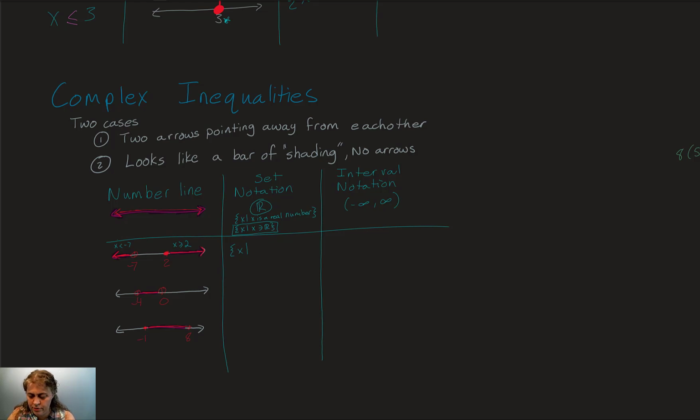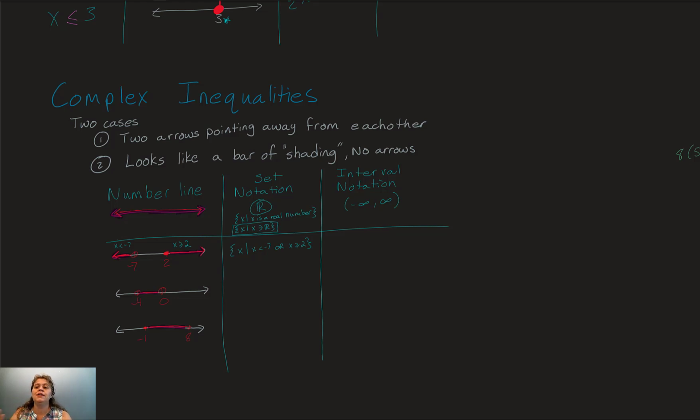So then I'm going to put x is less than negative 7, or x is greater than or equal to 2. That's how we would write the set notation. We would say or. We don't want to say and, because there's no number that is less than negative 7 and bigger than positive 2. That doesn't exist. So we have to make sure we put or in there.